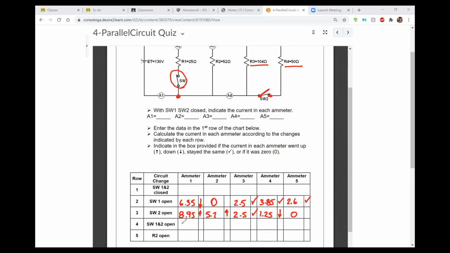And everything is going to be dropping down to 3.75 amps. So from the last position, our current went down. Ammeter 2 is going to have 0 because you have an open switch. And then again, you can see that ammeter 3 remains unchanged. And in this case, from the last position, ammeter number 4 remains unchanged.